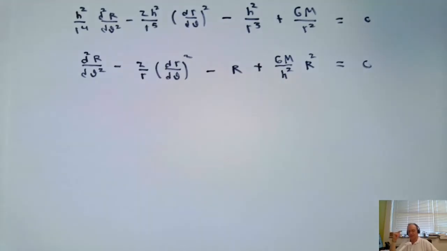Lastly, I'm going to express r as 1 over u and rewrite my equation in terms of u and theta.